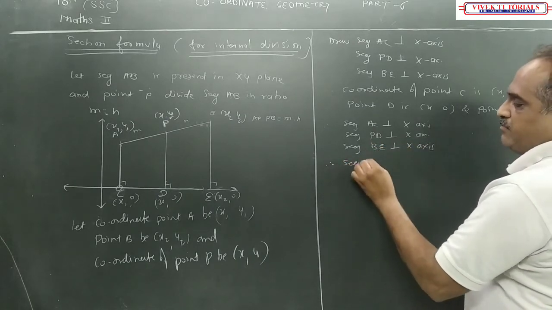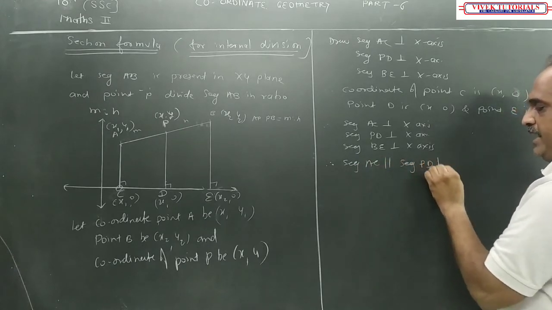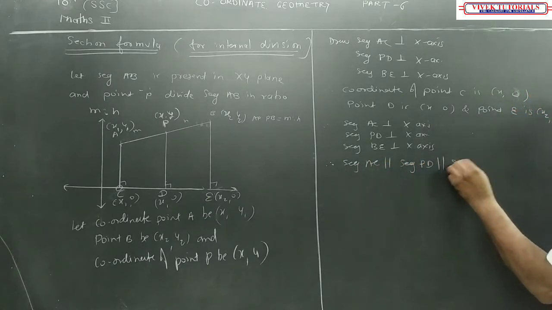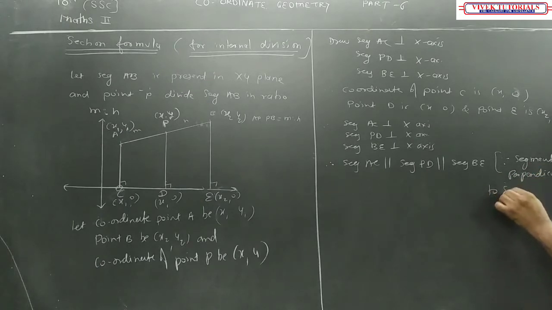Therefore, segment AC is parallel to segment PD is parallel to segment BE. Reason for this: since segments perpendicular to the same line are parallel to each other.